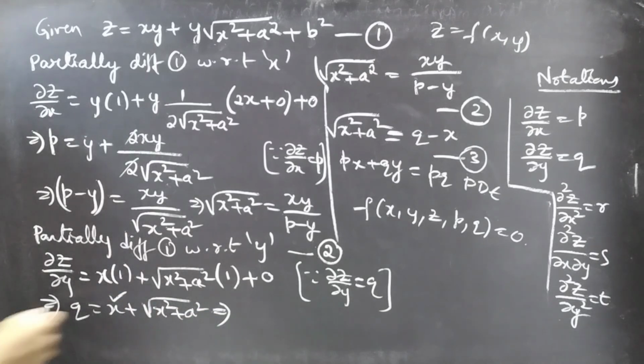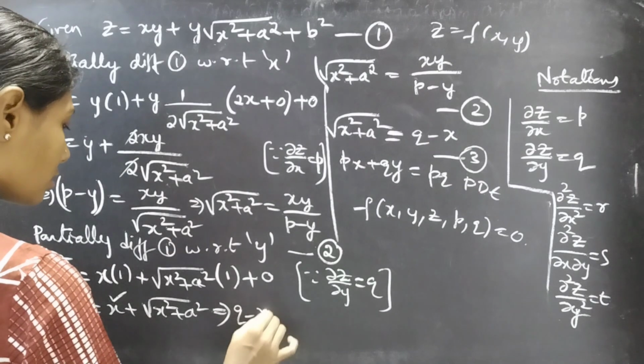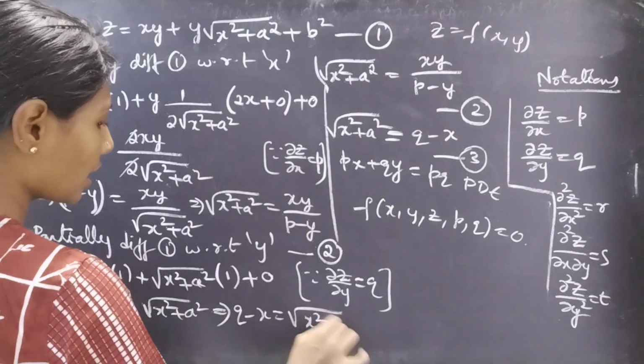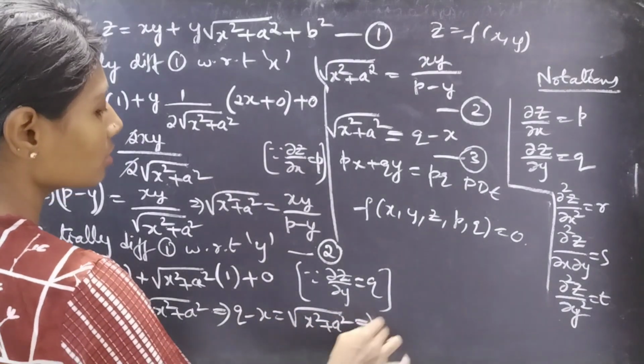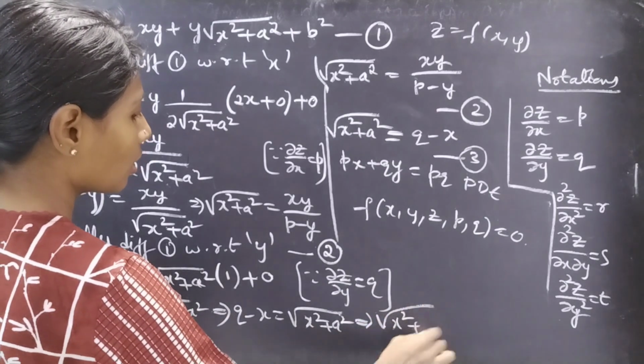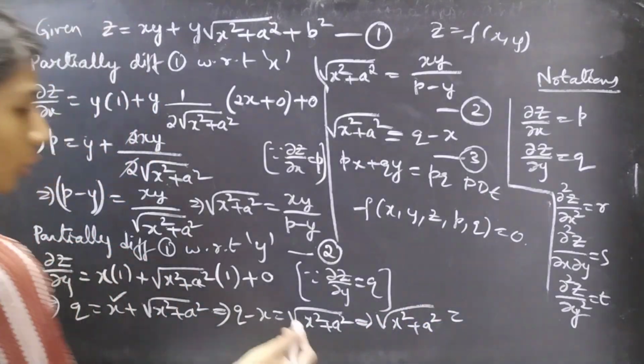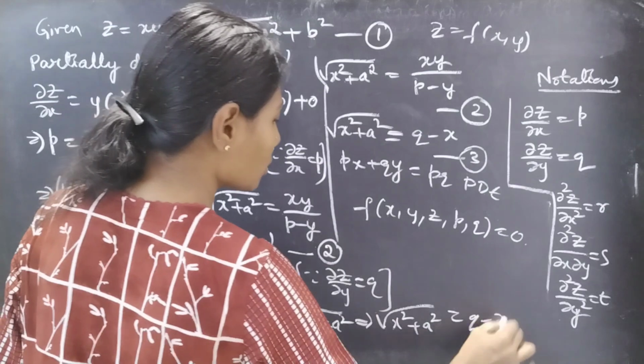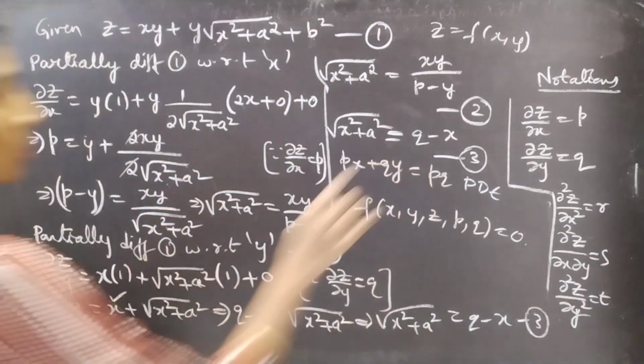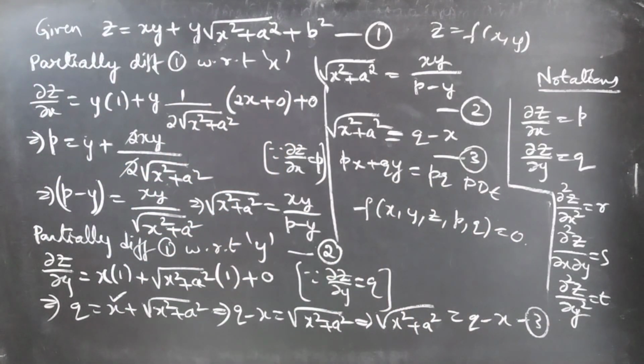Now bring this x to LHS, we'll get q minus x equals square root of x square plus a square, or we can write this as square root of x square plus a square equals q minus x. Consider as equation 3. See, we got the same thing, right?